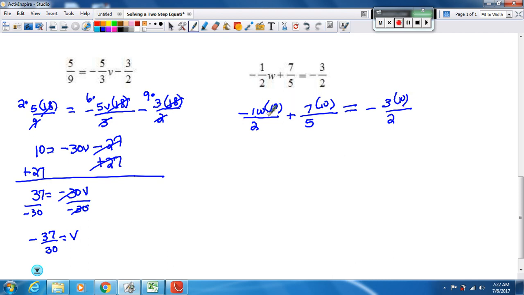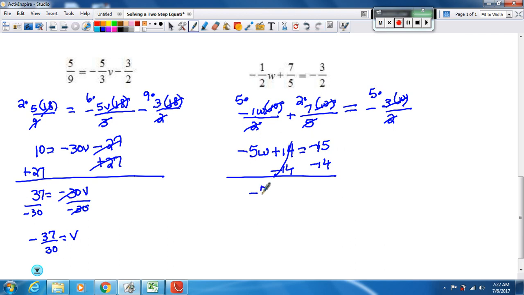Okay, start dividing. 10 divided by 2 is 5, and 5 times negative 1w is negative 5w, plus 10 divided by 5 is 2, and 2 times 7 is 14, equals 10 divided by 2 is 5. 5 times negative 3 is negative 15. I'm going to subtract 14 from both sides.